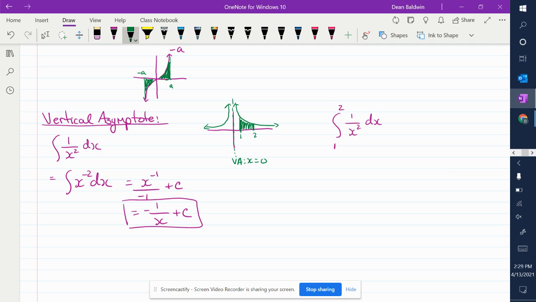It's this area here. That's what I'm asking for, right? So we can do that. We know the antiderivative of 1 over x squared is, we just did it, negative 1 over x. We're going to evaluate it between 1 and 2. Plug them in. So you get a half. Yep.